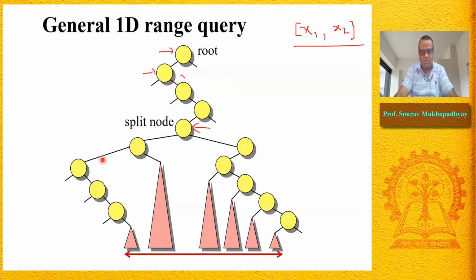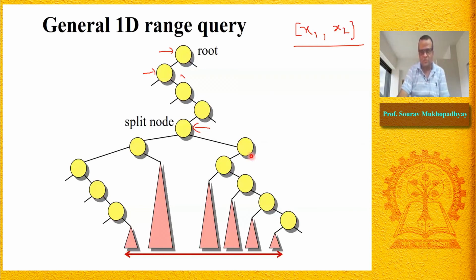Like this we continue, we go to the right. Once we go to the left, that means all the subtree rooted in the right child of this node will be our output. We do similarly in the right traversal.